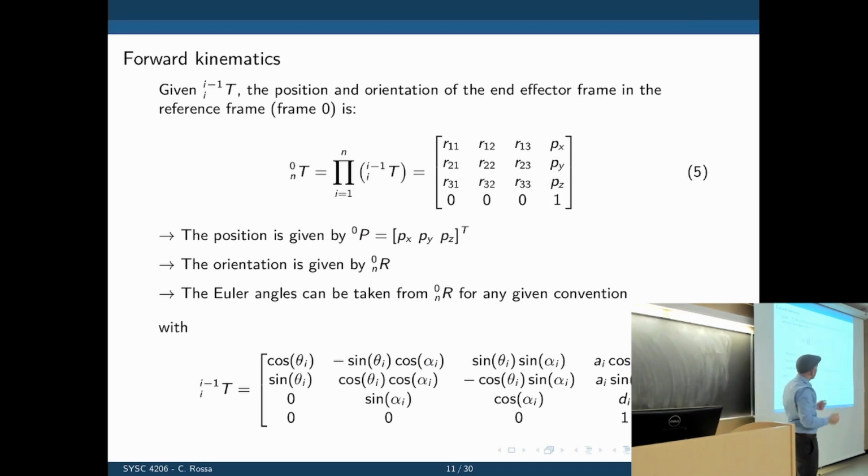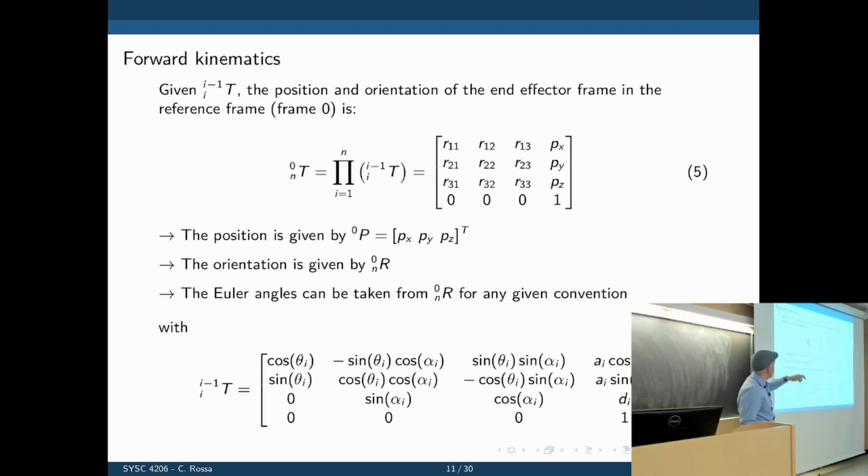And the result of that operation is a new transformation matrix, a new homogeneous transformation, that is still a 4x4, that has in it a rotation matrix and a translation. What's the rotation matrix? It's the orientation of the last frame on the base frame. What is the translation? It's the Cartesian position of the robot's tip on the base frame.